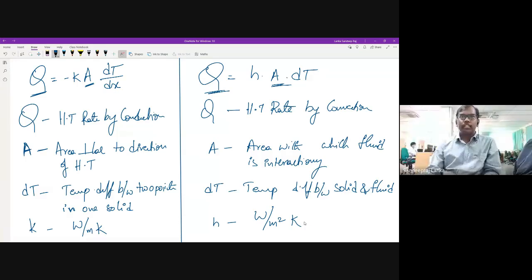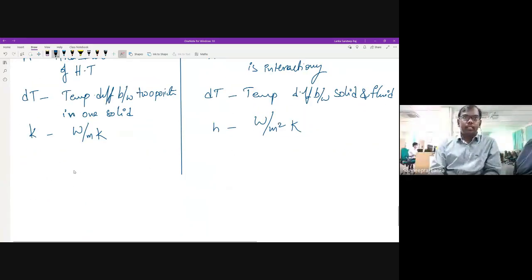This is the thing. If I have to represent this on a diagram, you will take a wall. This is your wall. Here you have temperature T1, here you have temperature T2, the temperature dropping like this.